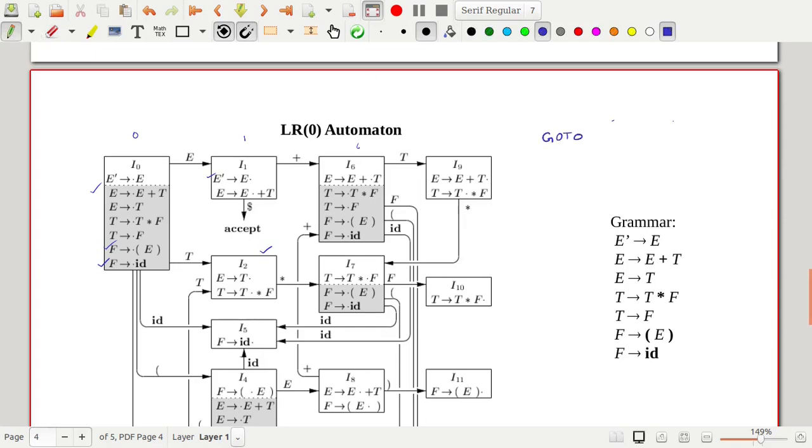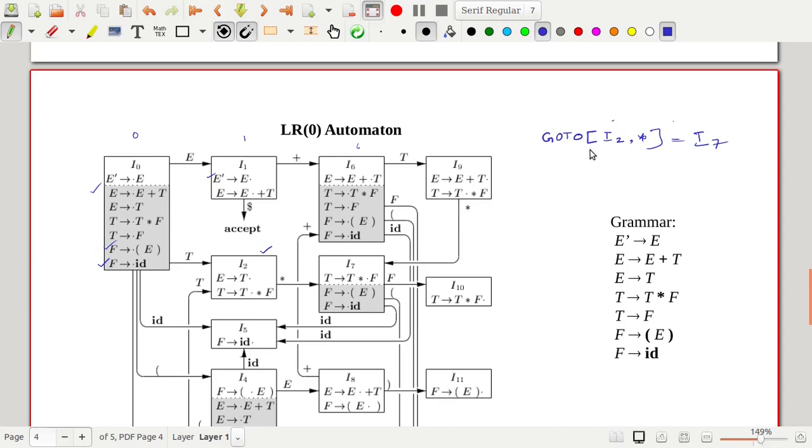From the DFA we have go to of I2 comma star is equal to I7.